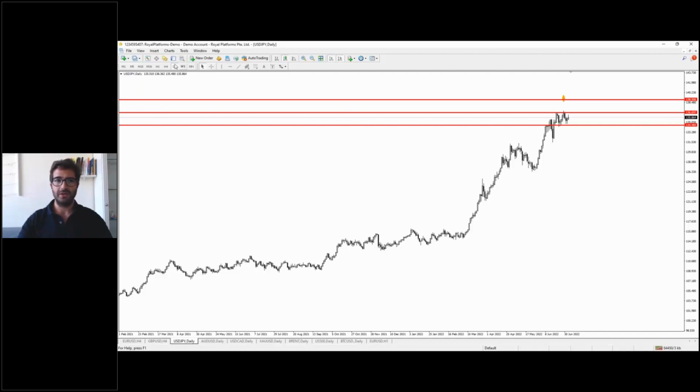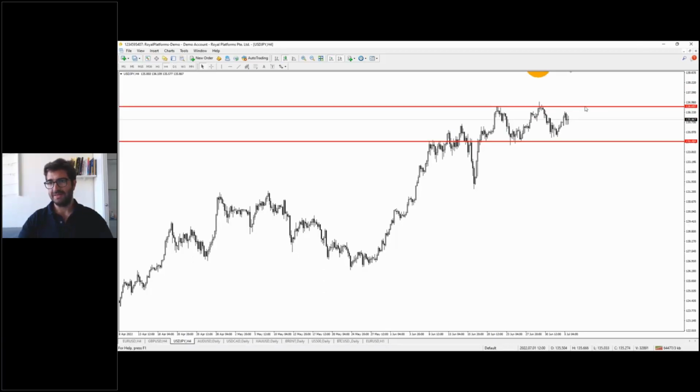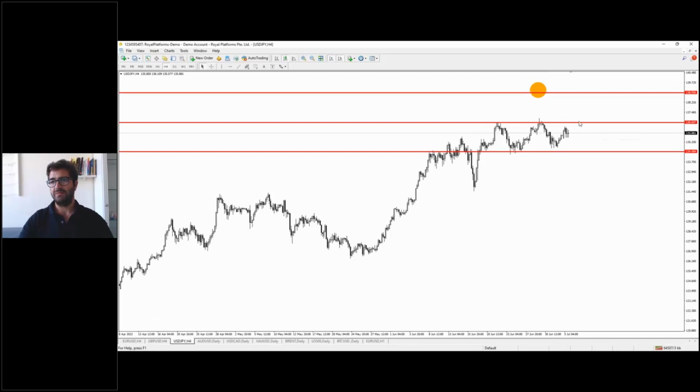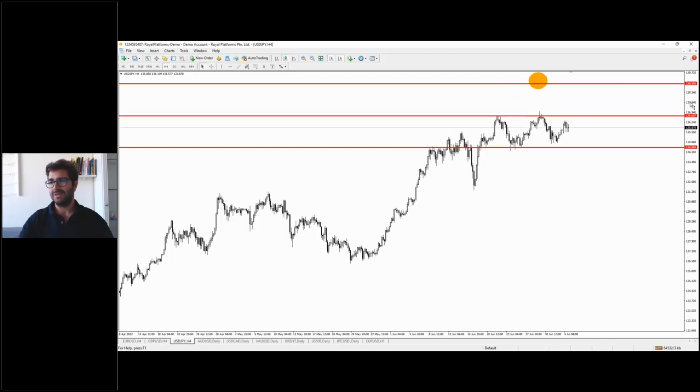Here we cannot see it on MT4, there is not enough data. But for the short-term analysis, the market could easily test the higher end of this channel. And in case we have a breakout to the upside, the market will continue all the way up until the 139 key resistance level.